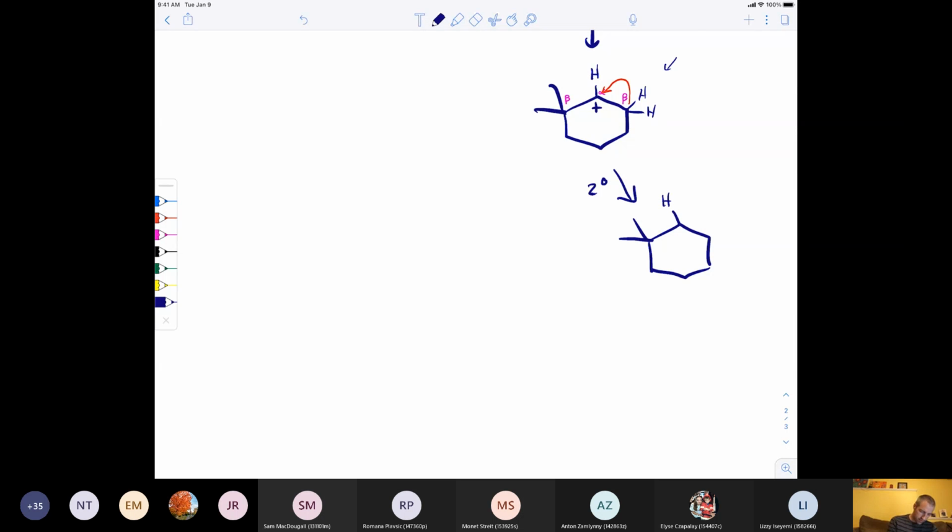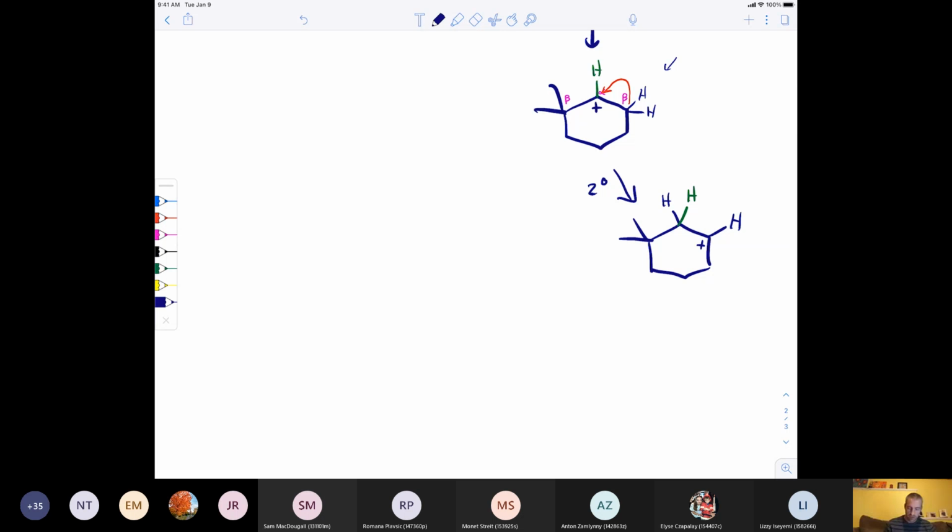I'm going to erase that hydrogen and draw it back in green, just so you can see which one moved. One of the blue hydrogens moved, and the green one stays put where it was. And where the electrons left from, that's where the charge goes.